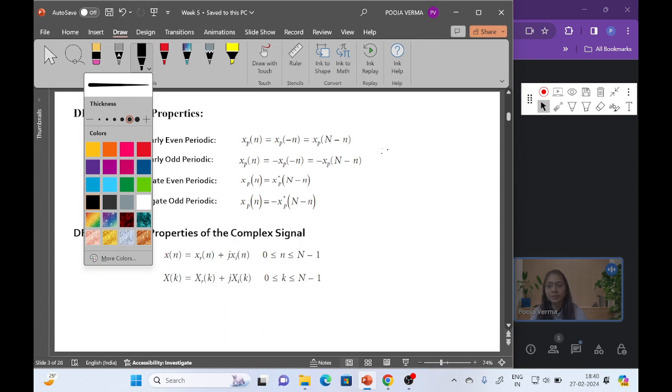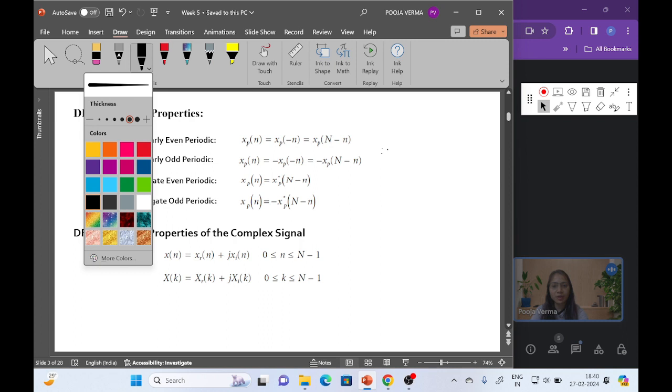Similarly, a circularly odd periodic signal is represented as xp of minus n is equal to minus xp of n. So it will be equal to minus xp of N minus n.